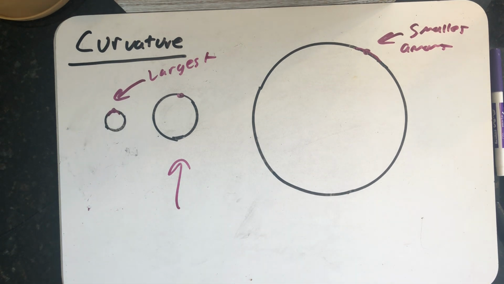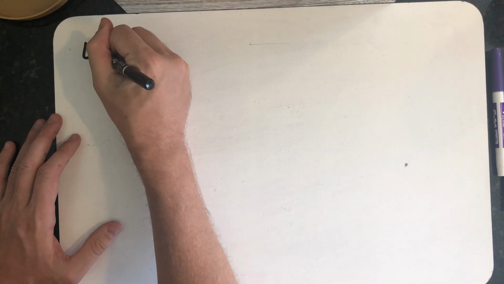All right, so let's see if we can rigorously define curvature. I want to imagine that I have a smooth curve in space parameterized by a vector function r.